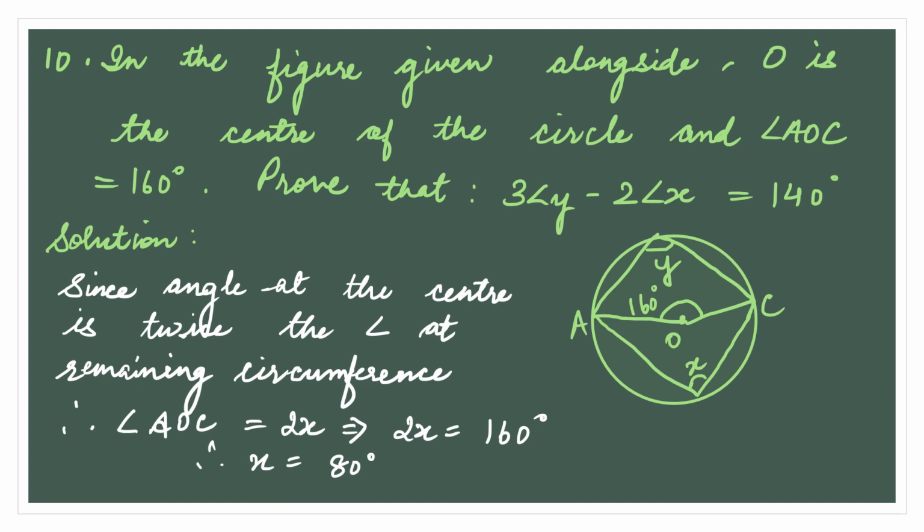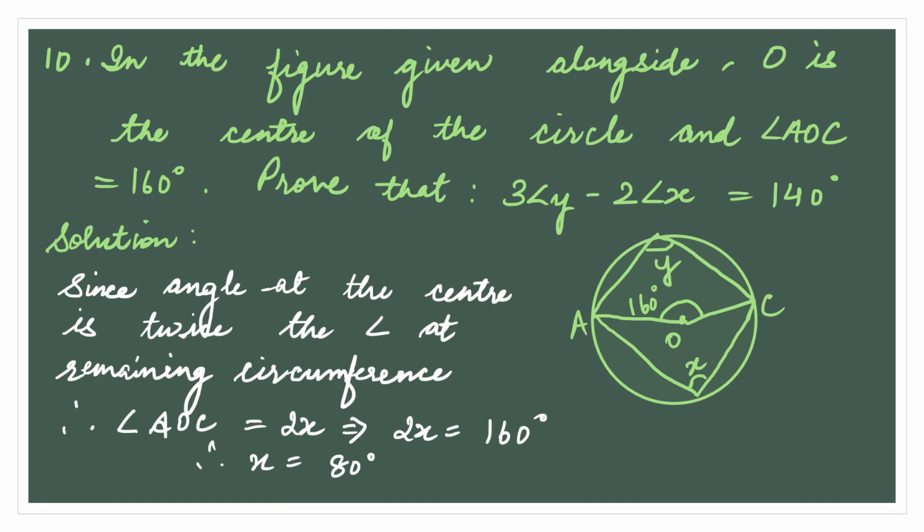Now coming to x, this is x, and x is equal to 80 degrees, because angle AOC is equal to 2 times the angle at the circumference. Therefore 160 degrees will be equal to 2 times x, and x will be equal to 80 degrees, right?